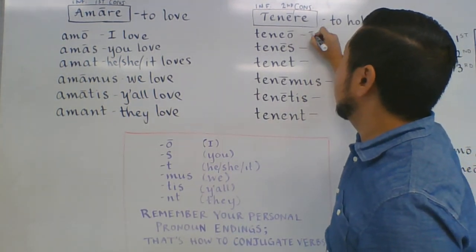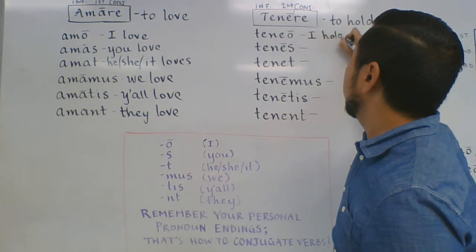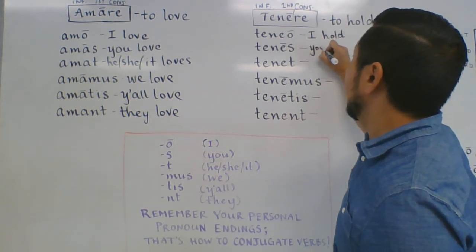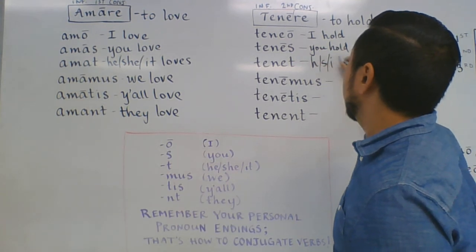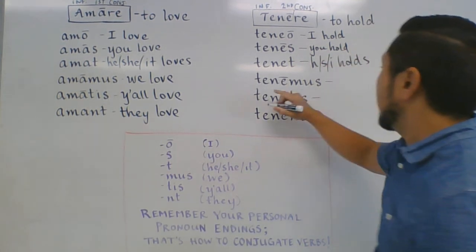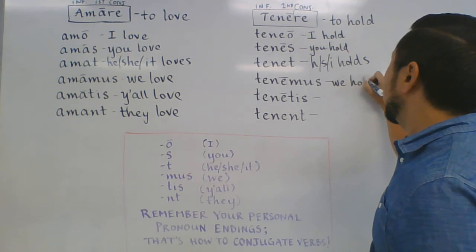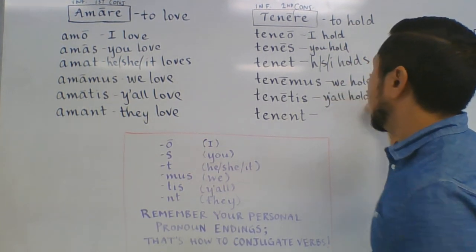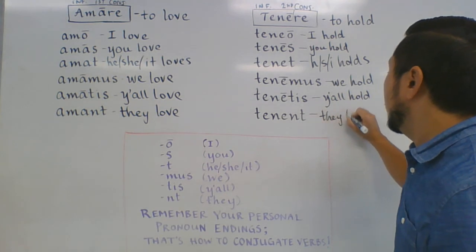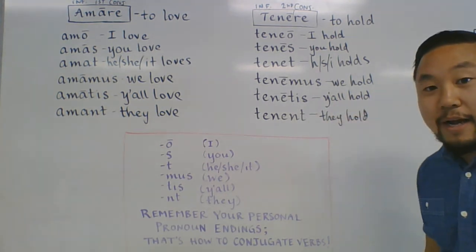Teneo means I hold. Tenes, you hold. Tenet, he or she or it holds. Tenemus, we hold. Tenetis, y'all hold. And tenent, they hold.